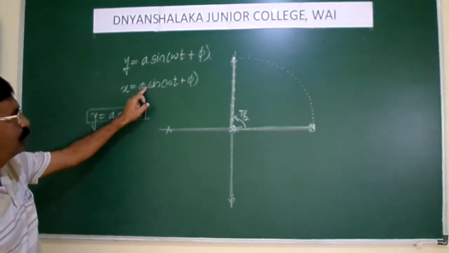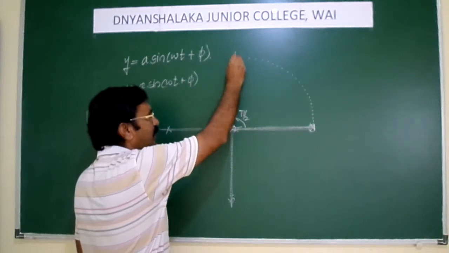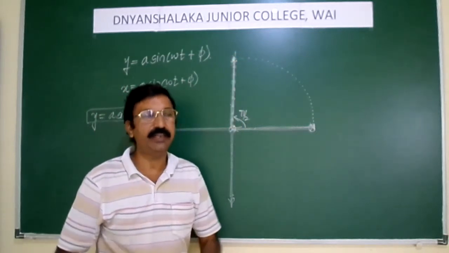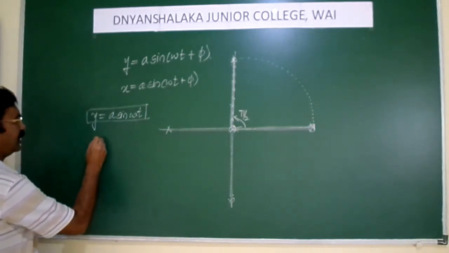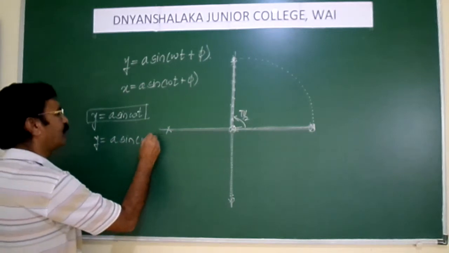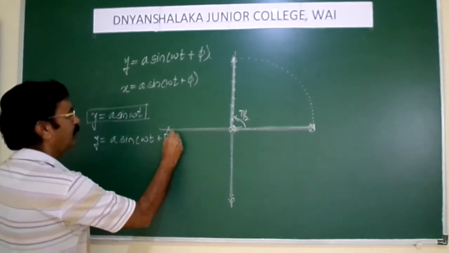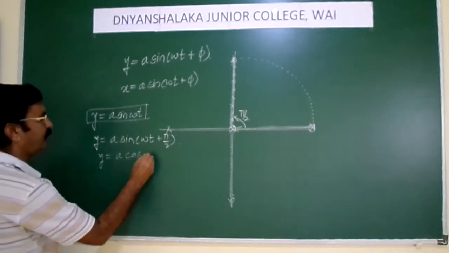And so, for a particle which is present at one of the extremities, the positive extremity, and then if the SHM is going to begin, the expression becomes y is equal to a sine of omega t plus pi by 2, which means this becomes y is equal to a cos of omega t.